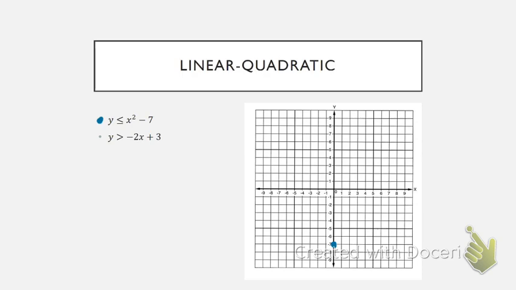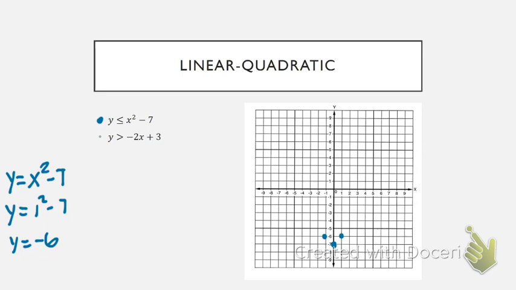But to do that, we're just going to plug in a number a couple away from the vertex on each side. So I'm going to plug in 1 into the equation y equals x squared minus 7. If I plug in 1, I get negative 6. So I'm going to have a point at 1, negative 6. That means I'm also going to have a point at negative 1, negative 6.